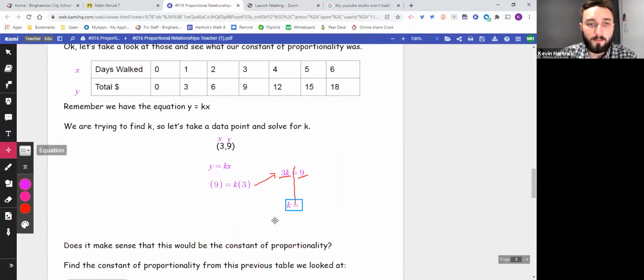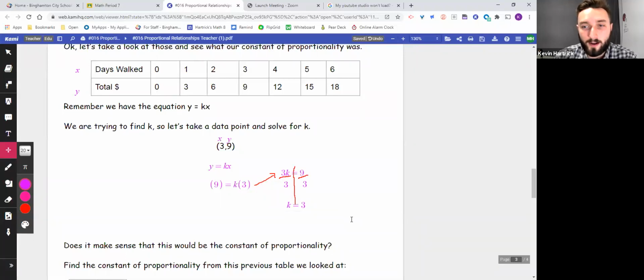So dividing by 3 on both sides will get rid of this 3 here, and I'm going to isolate it so that now I just have a k, which is what I wanted, right? So 3 divided by 3 is just 1k, or just k, right? This is technically a 1k, but we don't put that 1 because it's invisible. We don't need it. And 9 divided by 3 is 3. So in this case, we did find k to equal 3, which makes sense.